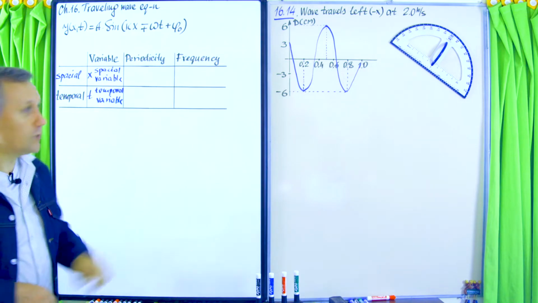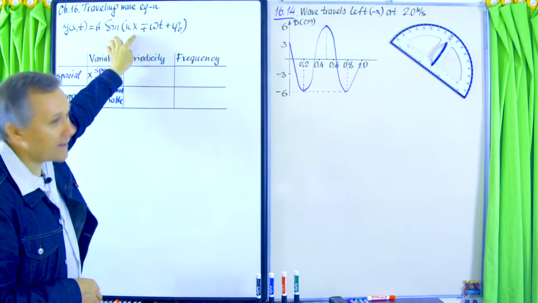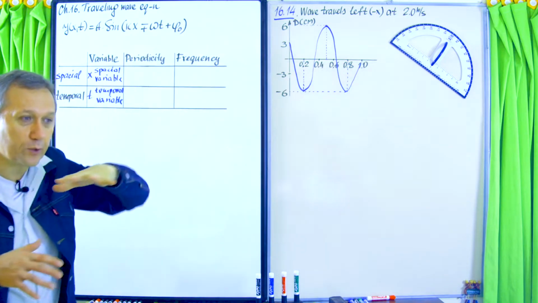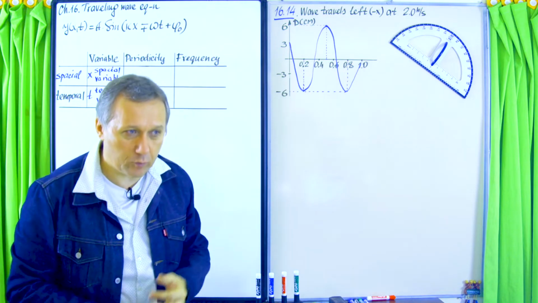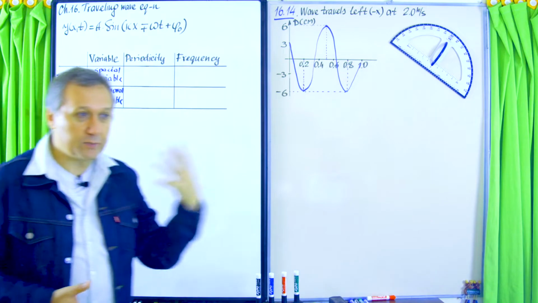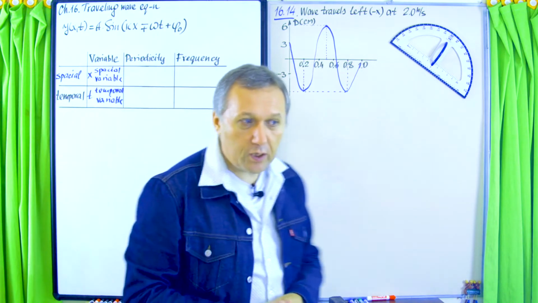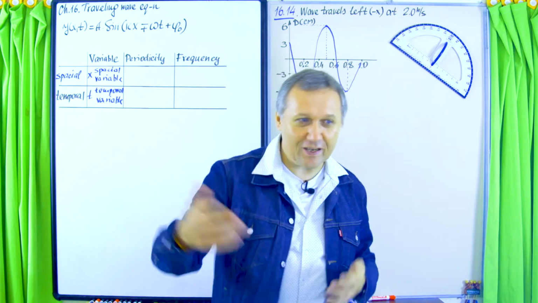It means that our wave is going to be periodic in both x and time. So it's going to be periodic in space, and it's going to be periodic in time at the same time. So if this wave is periodic in space and time, of course, we need to introduce the proper quantity describing this periodicity in space and time.